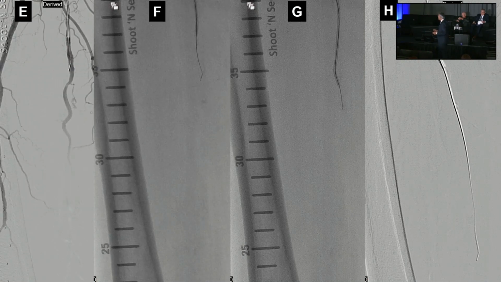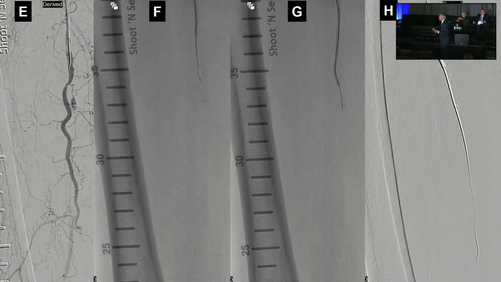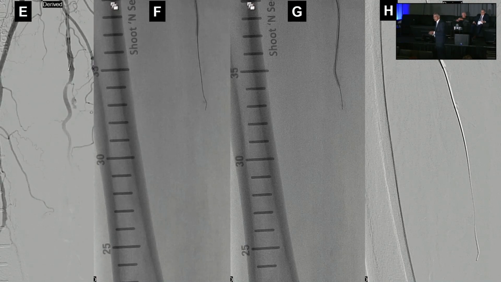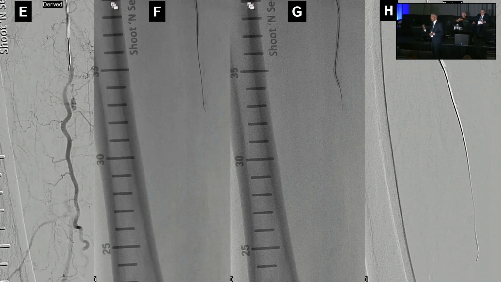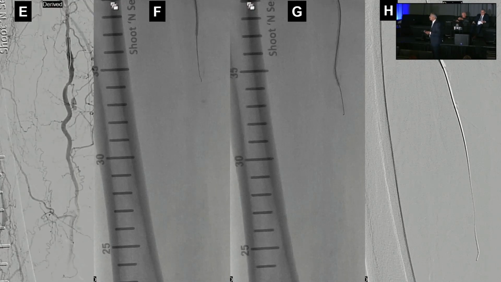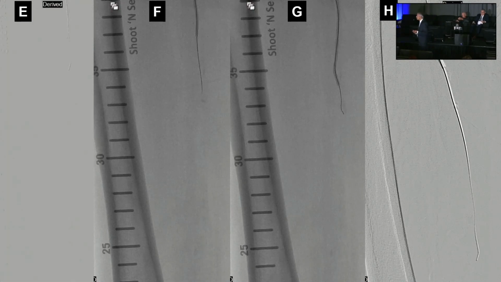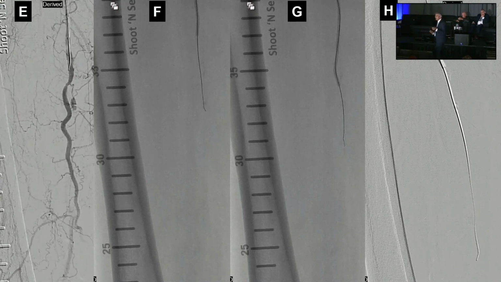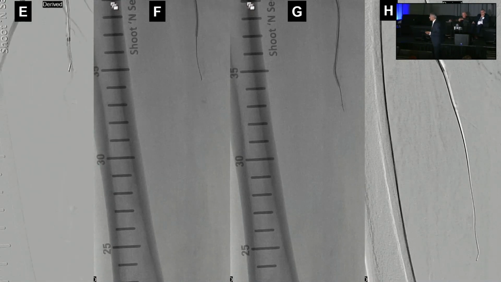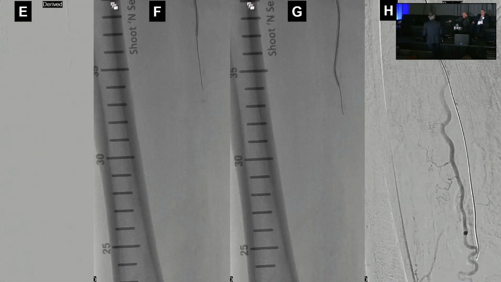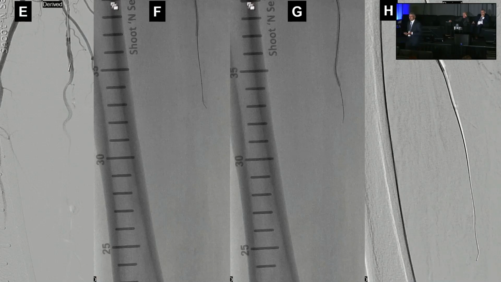Because even if you come retrograde, and this is just logic, and feel free to disagree, and I'll just share one case for the sake of discussion, it would not be easy to create a rendezvous in the middle of the SFA and at the same time not destroy this large collateral. And this case could be quite a difficult one. So please stop and chime in if there are other dissenting opinions.